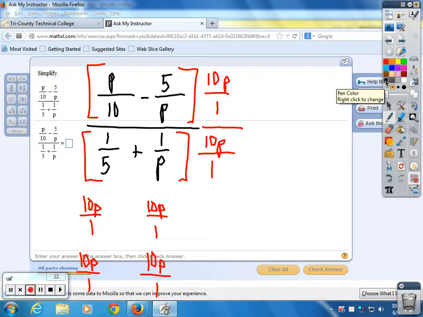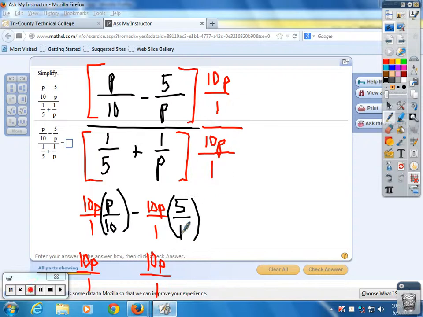Or are you just... Common denominator over 1. You always put the common denominator over 1 over the common denominator over 1. p over 10, 5 over p, 1 over 5, 1 over p.